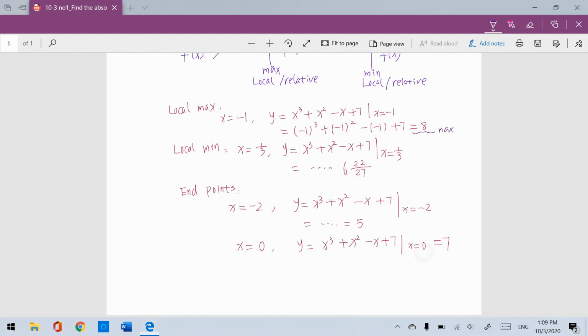Then this one is the smallest. So now we know the absolute, or you can call it global, maxima is at negative 1, 8. Then the global minima is here at negative 2 and 5. So that's how you get the answer.